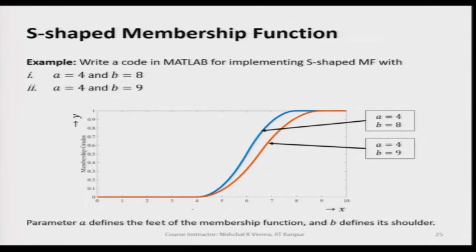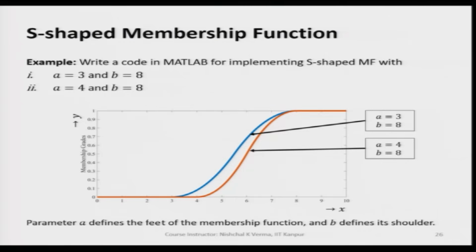Here A is equal to 4, and you see the shoulder is changing. The first shoulder is at B equal to 8 and the shoulder for the second plot is at 9. So, by changing suitable values of A and B, we can keep changing the feet and the shoulder.